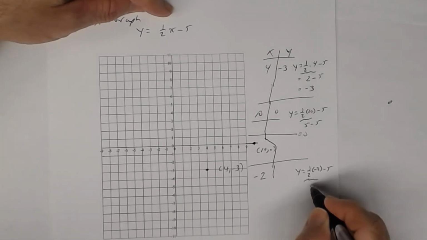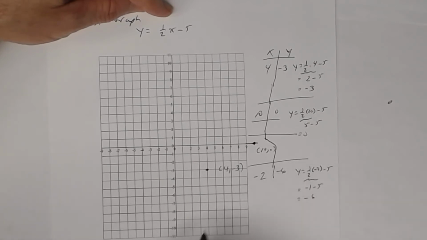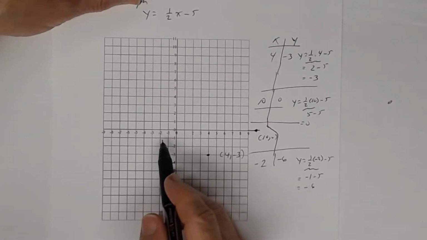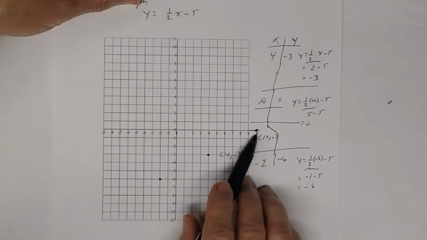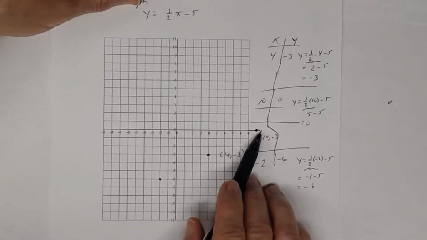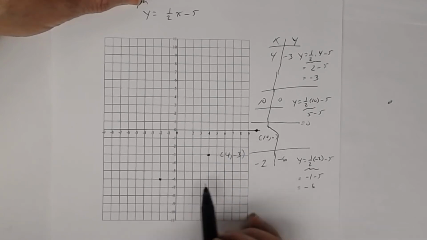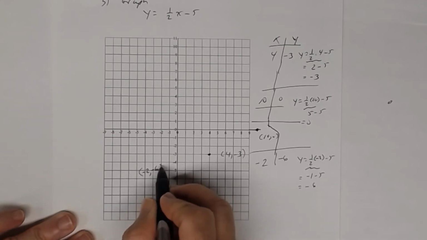A half of negative 2 is a negative 1, and a negative 1 and negative 5 is a negative 6. So I'm going to plot the point negative 2, negative 6, because that's a solution. You go to the left 2, down 6, which is here. All right, and this isn't too far off, so I'm just going to leave it like that. So those are my 3 points. I kind of scaled this pretty well. So this is the point here, negative 2, negative 6.